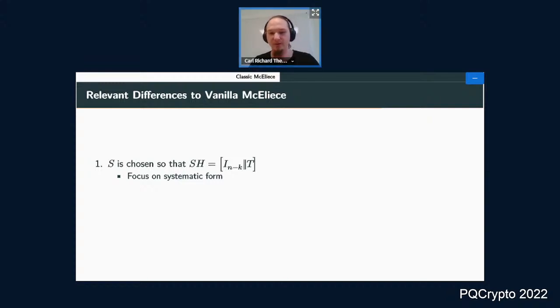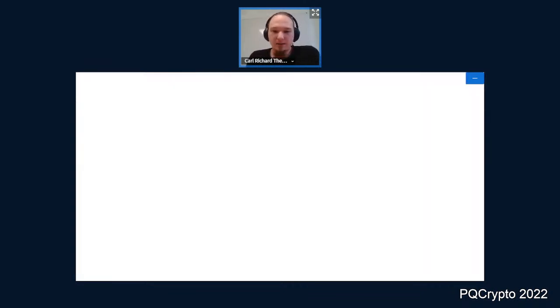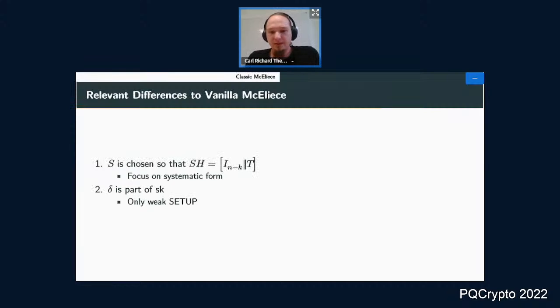And we also focus here on the systematic form, while some parameter sets allow for cases where the identity matrix is not entirely given. These are called semi-systematic, but we don't focus on them for simplicity. It's also important to know that, as I mentioned before, the seed delta is part of all key truncations in that submission.